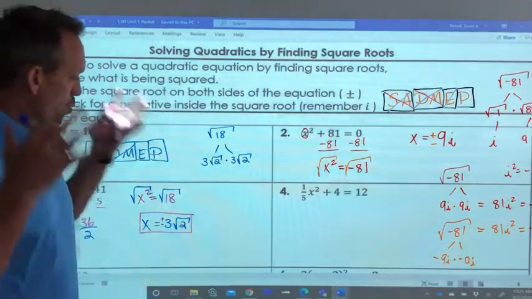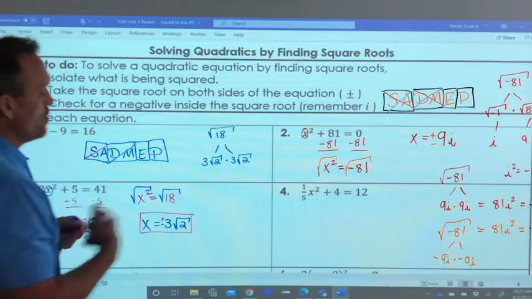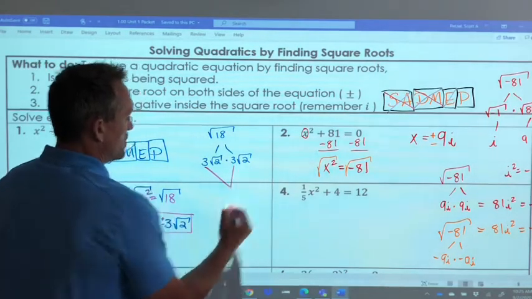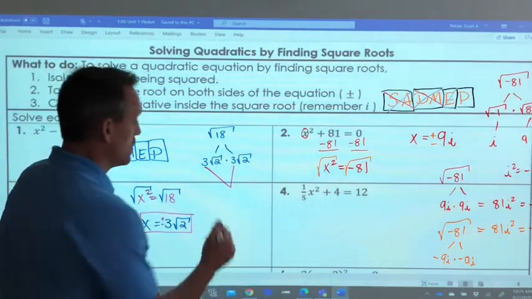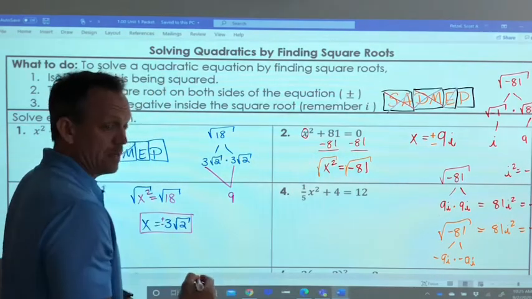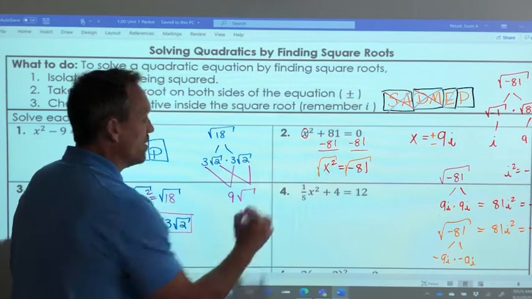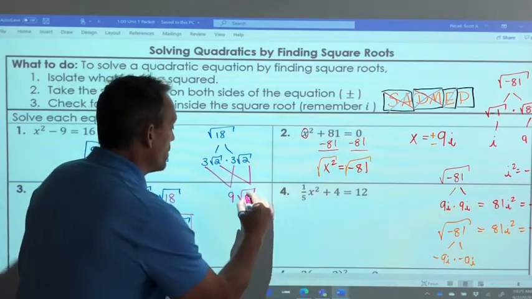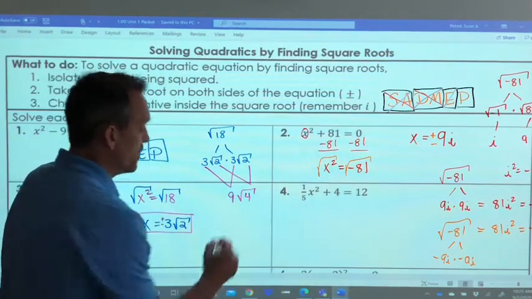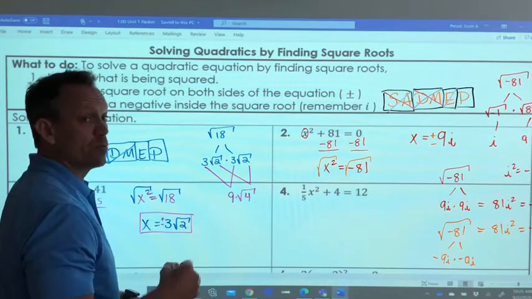Why? Well, when you multiply these two things, you always multiply the numbers, which 3 times 3 is 9. And then you multiply these numbers, but they stay inside a radical. What is 2 times 2? 4. So now I have 9 times the square root of 4.